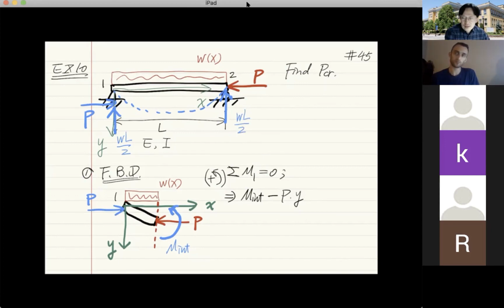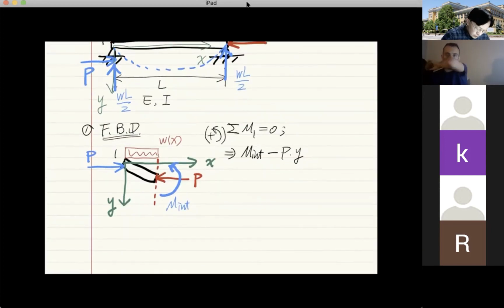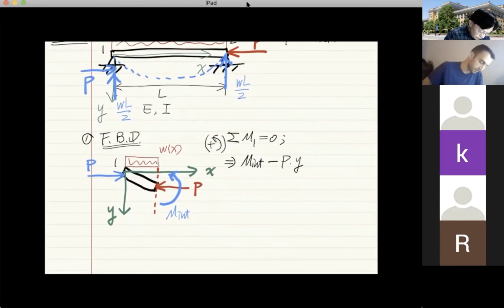That's the reaction. So that means here we should consider there's another vertical force, and that is WL over 2.